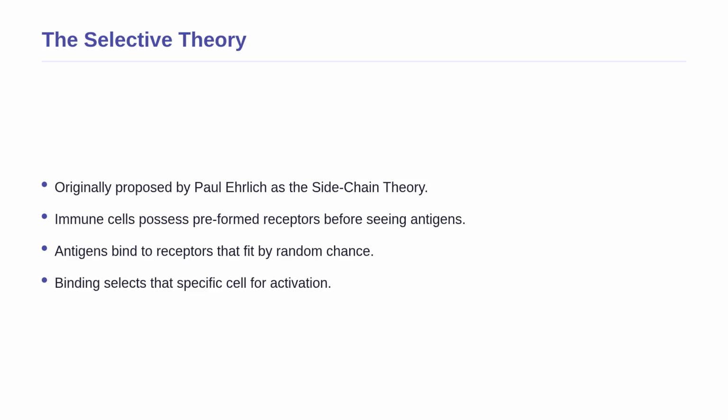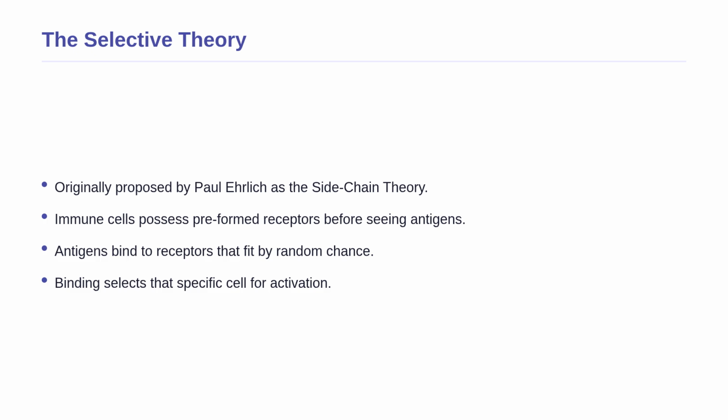Moving away from the idea of molding antibodies, we arrive at a competing idea. In stark contrast to the instructional theory, the selective theory was originally proposed by Paul Ehrlich as the side chain theory. He suggested that immune cells already possess a wide variety of pre-formed receptors on their surface, long before they ever see the antigen.